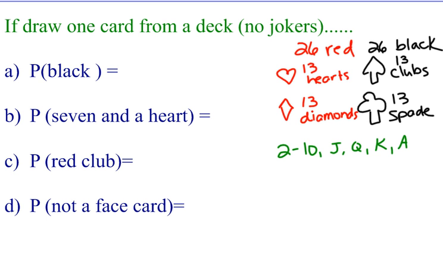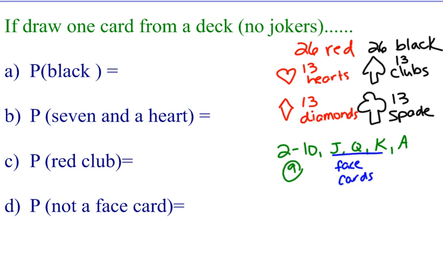So here the numbers 2, 3, 4, 5, 6, 7, 8, 9, 10. That's 9 numbers right here, right? And then the 10, 11, 12, 13 with the jack, queen, king, and ace. If anyone's ever talking about face cards, those are my face cards. So if you hear anything about that.